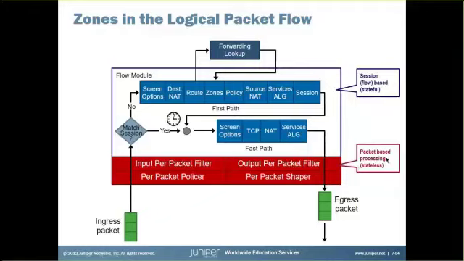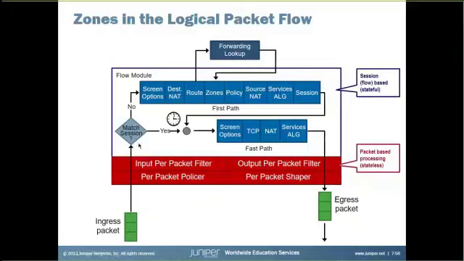But after that, you enter what is called the flow module. This is all stateful processing of the traffic. The first thing the firewall does is check if there is a session already created for that traffic.